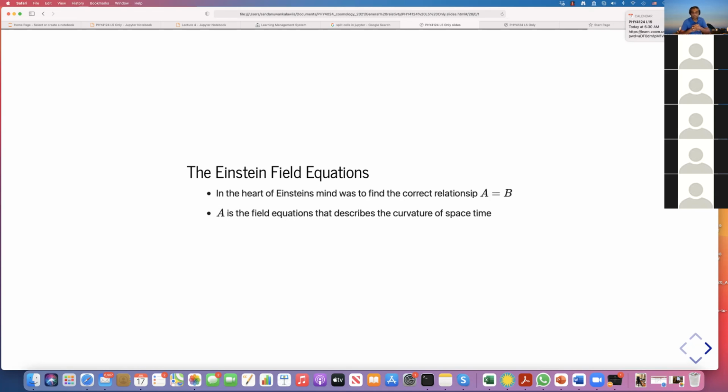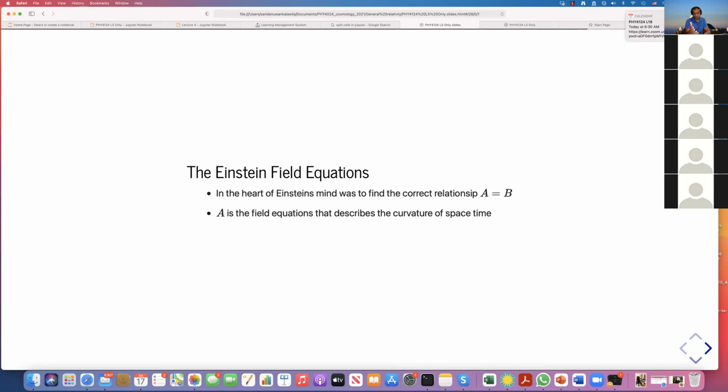Now, if you think of A as the component that curves the space-time, he thought that A is the field equations that describe the curvature of the space-time, right? Let's see later how we can write the curvature of the space-time.